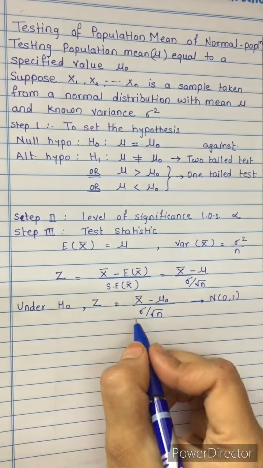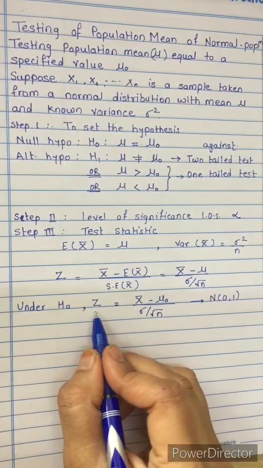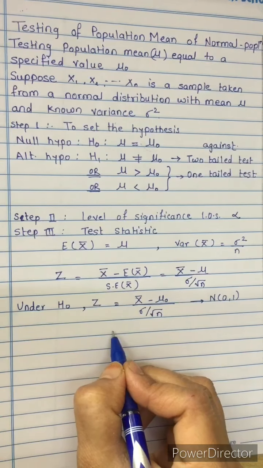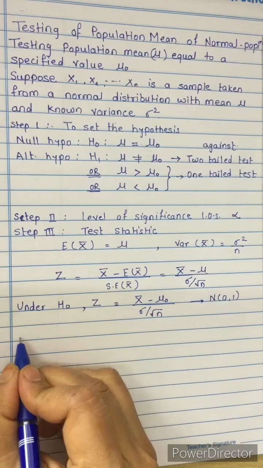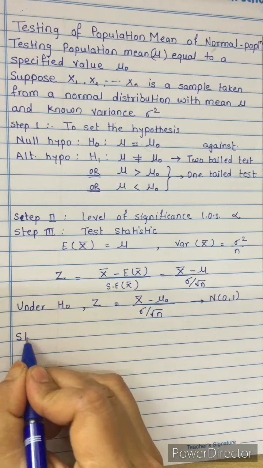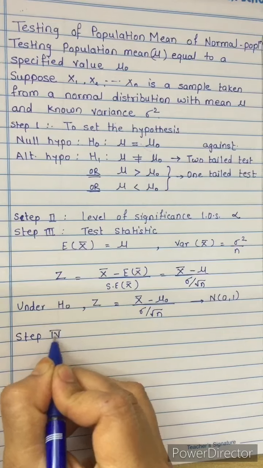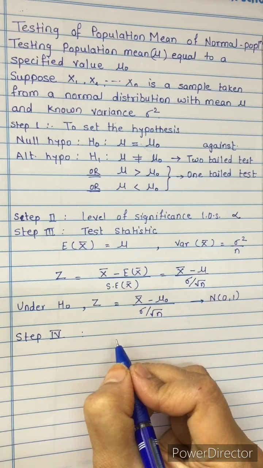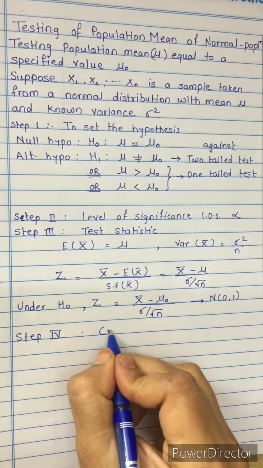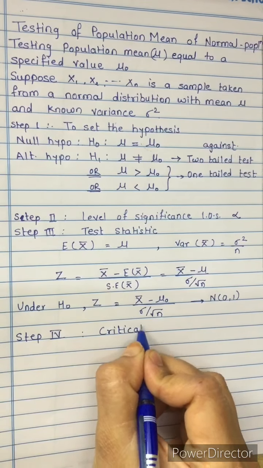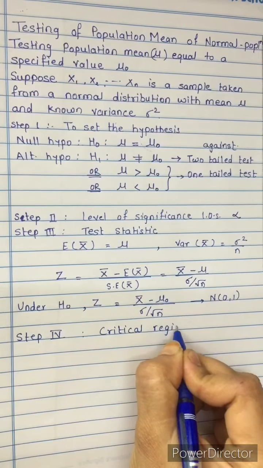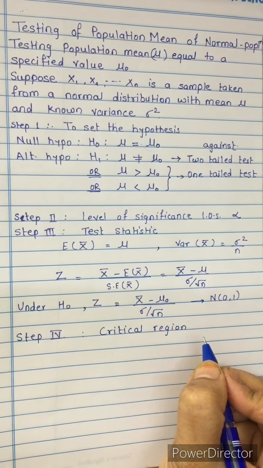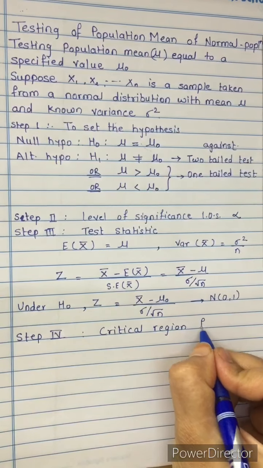First of all we calculate this value, that is we get z calculated. In the next step, step 4, we find out the critical region for alpha level of significance.